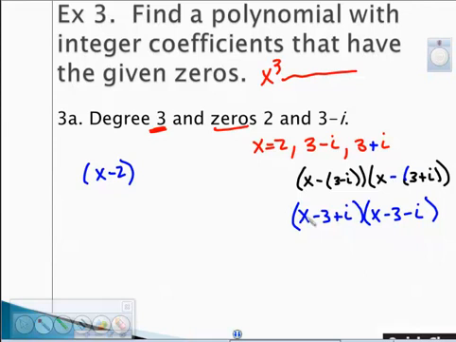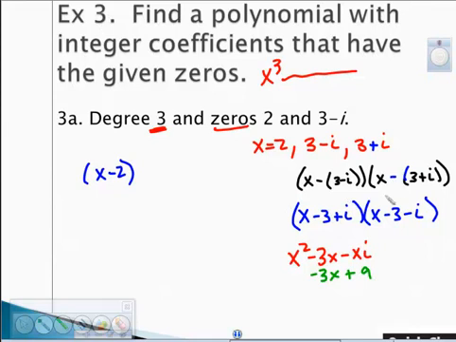To simplify it, x times x is going to be x squared. x times negative 3 is negative 3x. x times negative i is going to be negative xi. That's the first one. Now the second one, negative 3 times x will be negative 3x. Negative 3 times negative 3 will be positive 9.